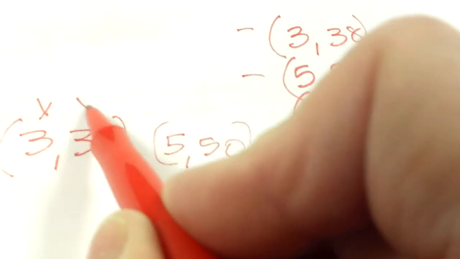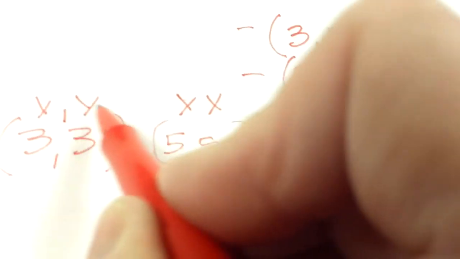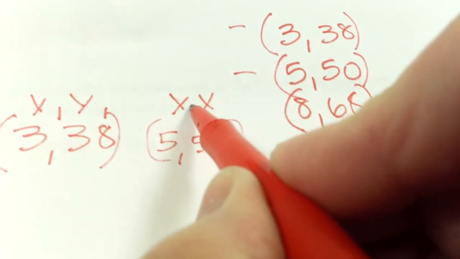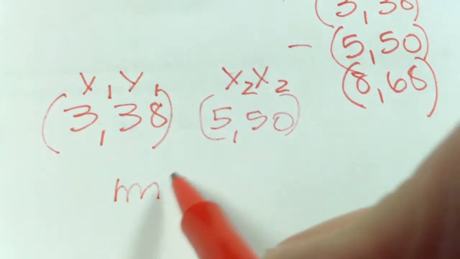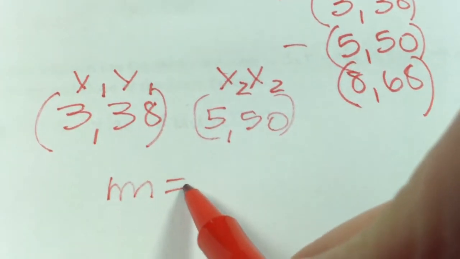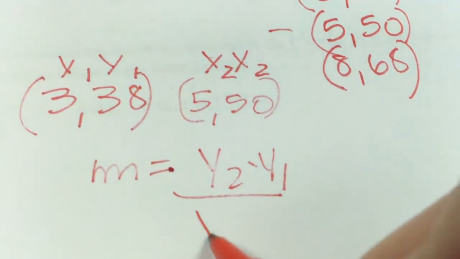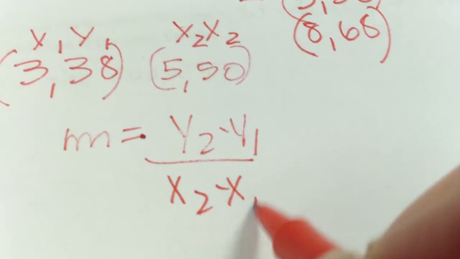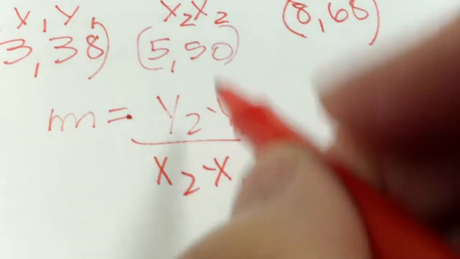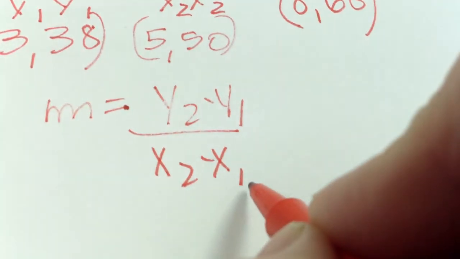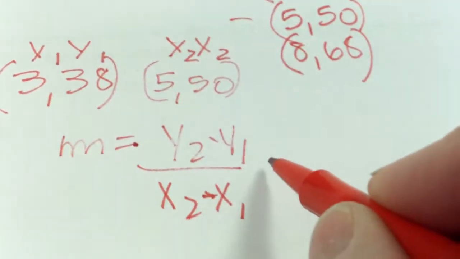This is X, this is Y, this is X, this is Y. We're going to call this point 1 and this point 2, and we're going to use the formula slope equals y sub 2 minus y sub 1 over x sub 2 minus x sub 1. That's the change in the y values, which is your rise, over the change in the x values, which is your run. These are all labeled, so we're going to plug them in.